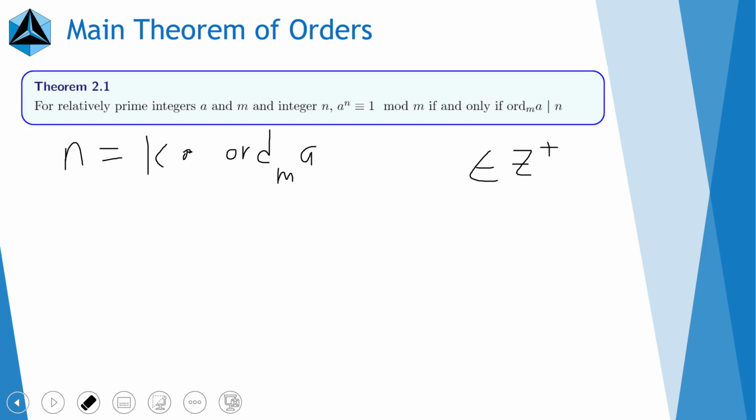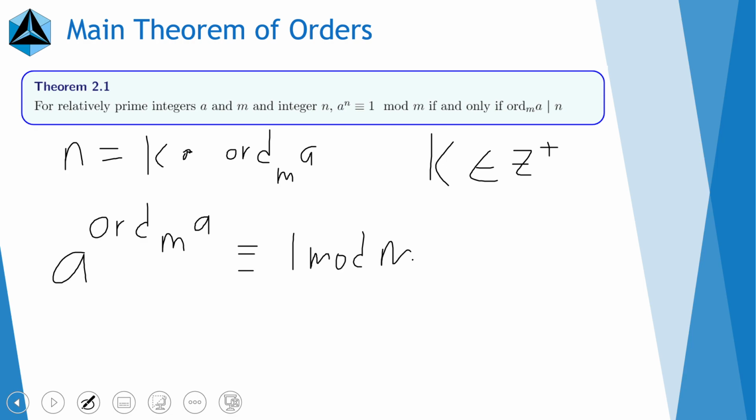And by definition of orders, we can also write this equation: a to the power of the order of a mod m is congruent to 1 mod m.